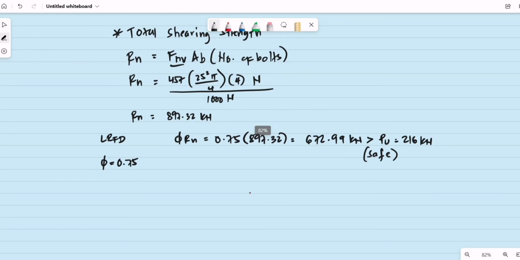Then when it comes to the ASD, we have a factor of safety equal to 2.00. So we have Rn divided by the factor of safety, 897.32 kilonewtons to be divided by 2.